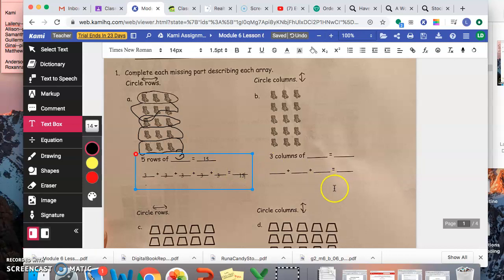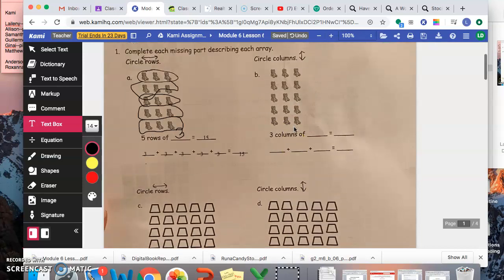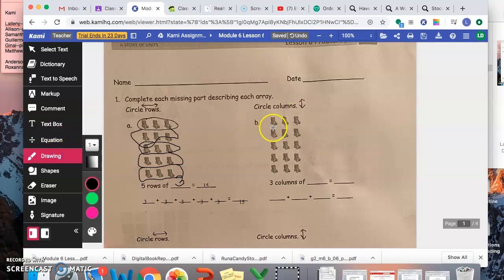Okay? Now over here, they want you to circle the columns, and columns are going up and down. So for this, you're going to circle the columns.